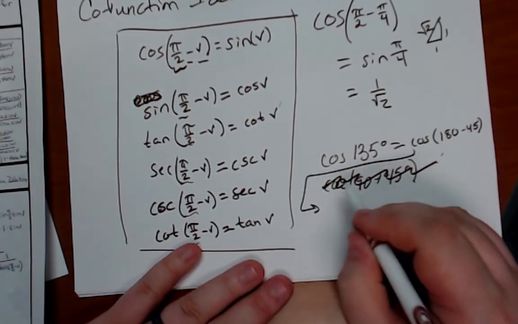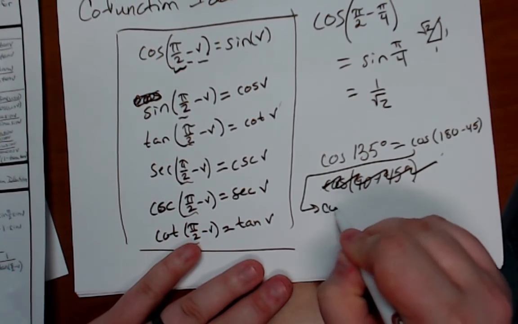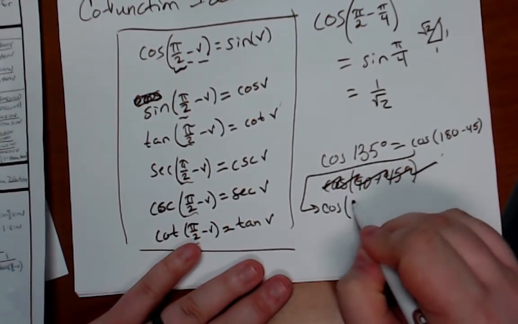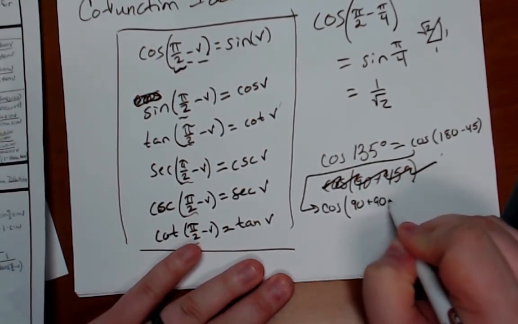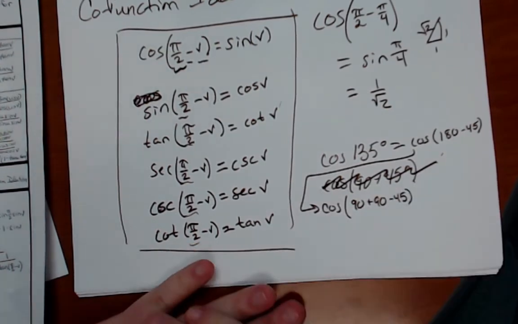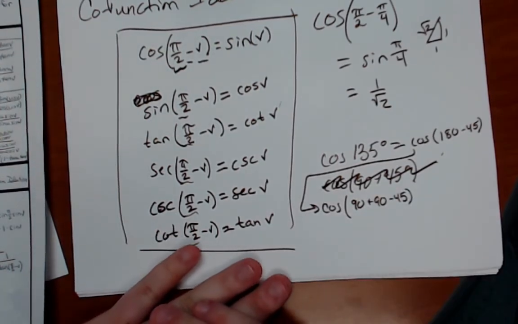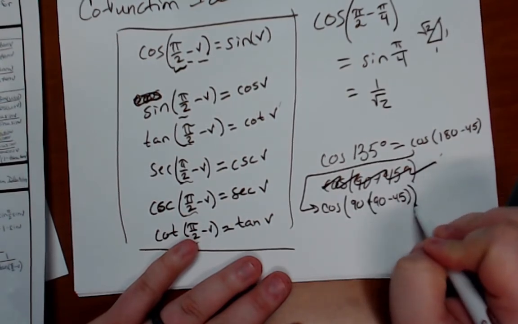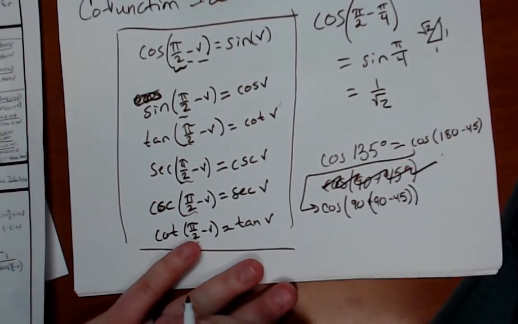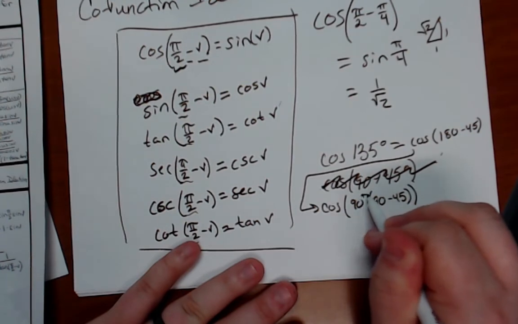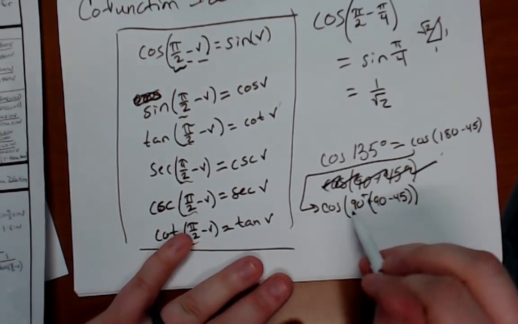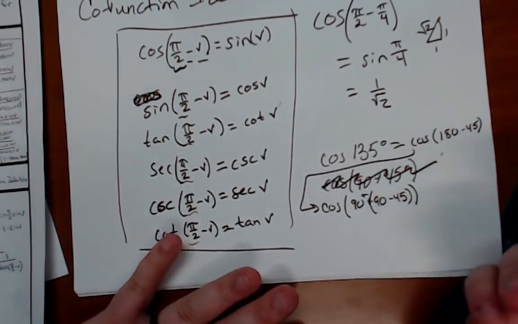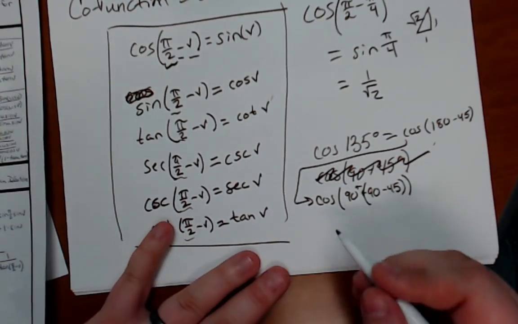Cosine of 180, we could write that as 90 plus 90 minus 45, right? And I can look at that as two different angles. I can use angle addition here. This doesn't actually make our life any easier, but I'm going to go with it.